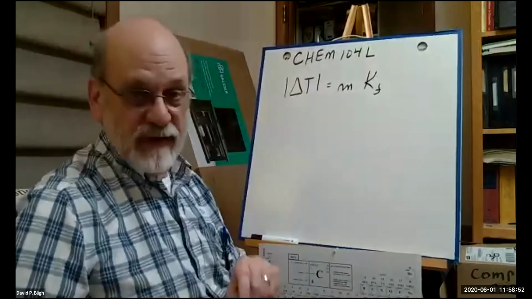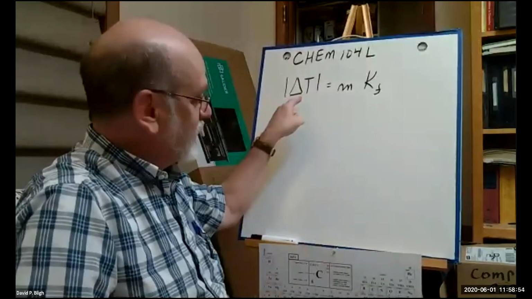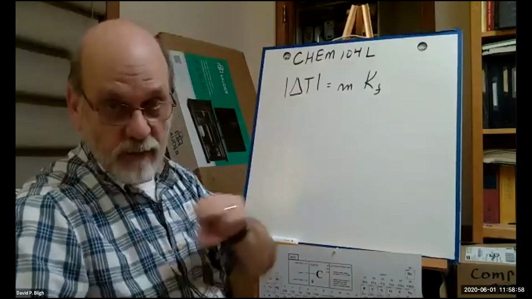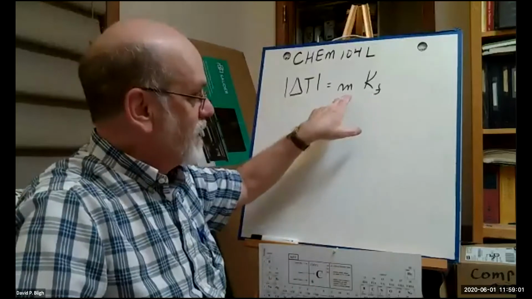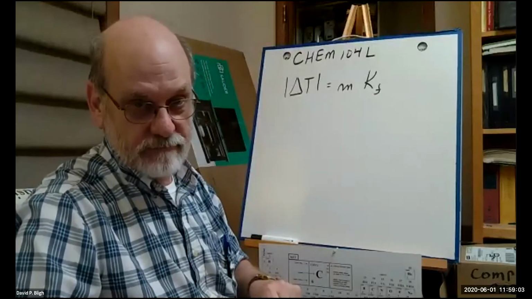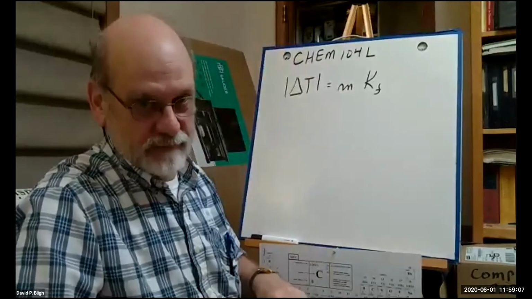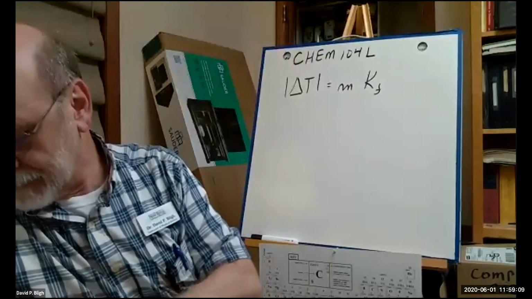But in this case, we're calculating that value. So that means the problem has to give us this value and that value, or the way to calculate that value. All right, so let's see if it does.